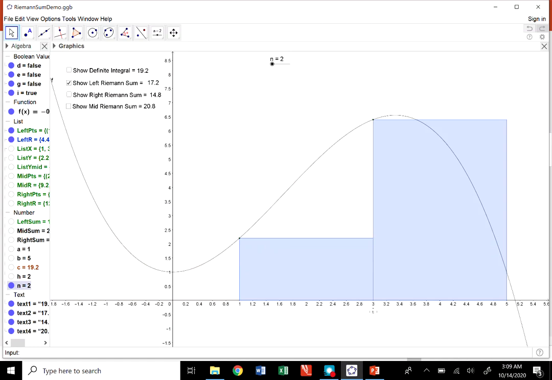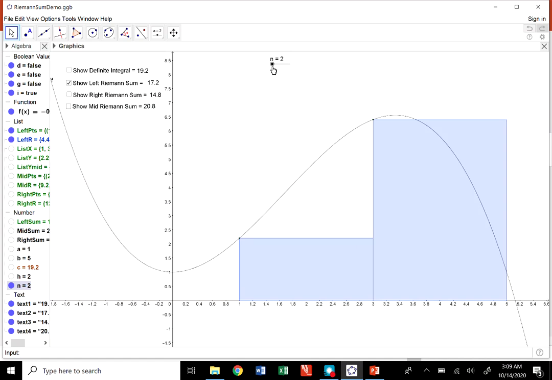Whereas for the second interval, 3 to 5, the left endpoint is 3, so f of 3 is going to be the height of that rectangle. Is this any better than the previous one? It seems so. It's still not good at all by any stretch of the imagination, but definitely better than leaving it as one interval.